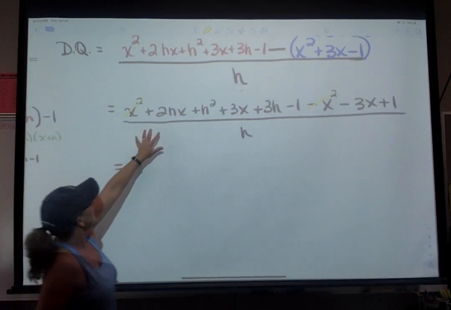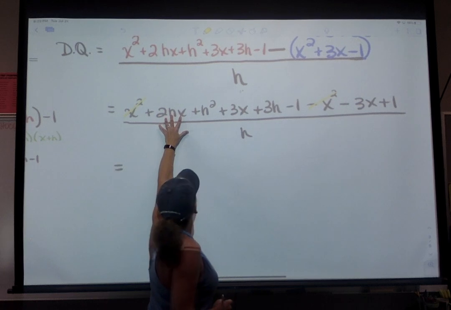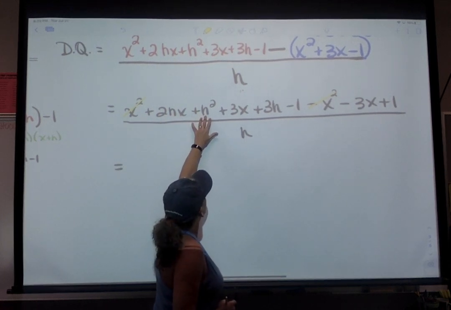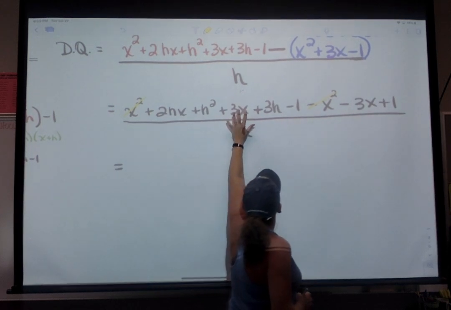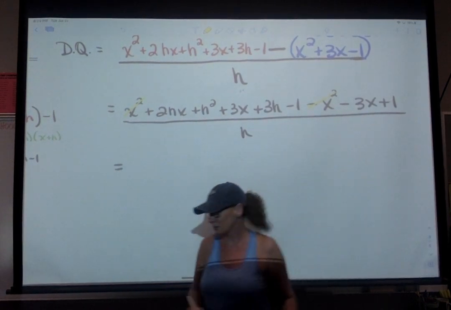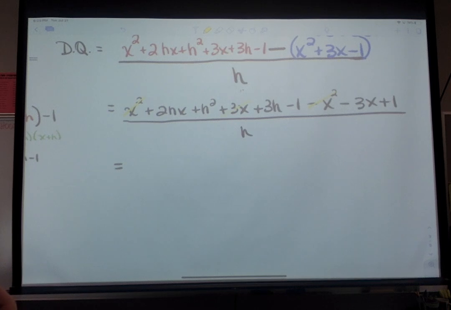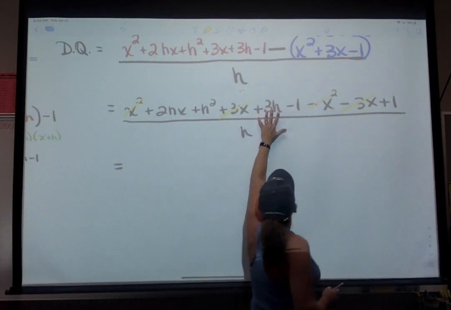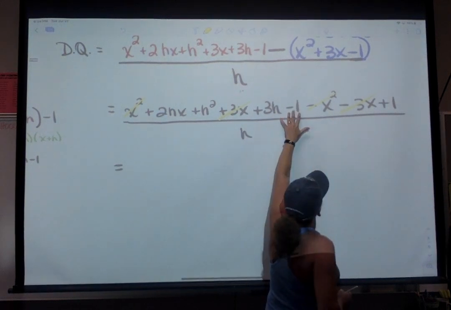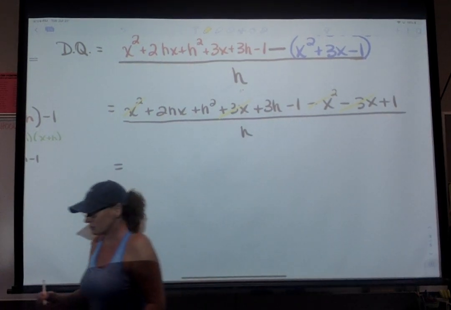All right. How about this one? Anything? No. How about this one? Anything? No. How about this one? Anything? Yes. Positive 3x minus 3x. Collect like terms and they're gone. Where are we? How about here? No. How about here? Oh yeah. Negative 1, positive 1.